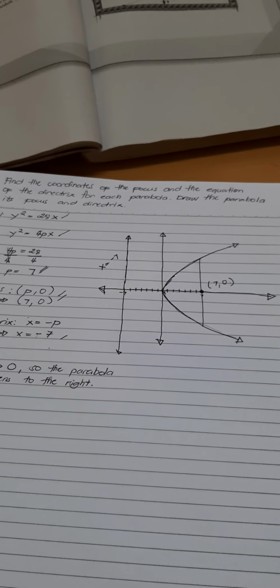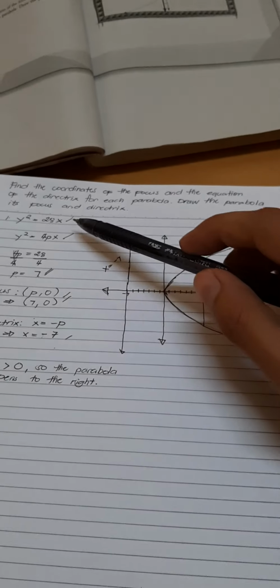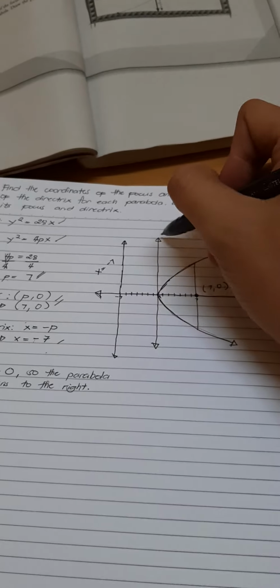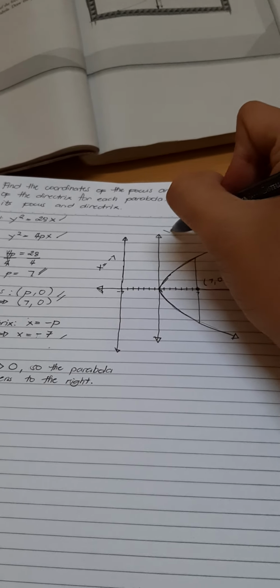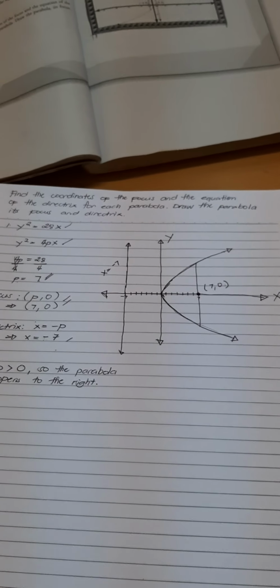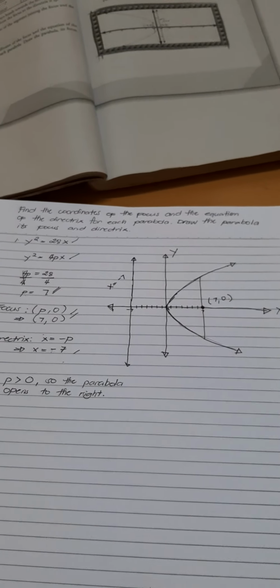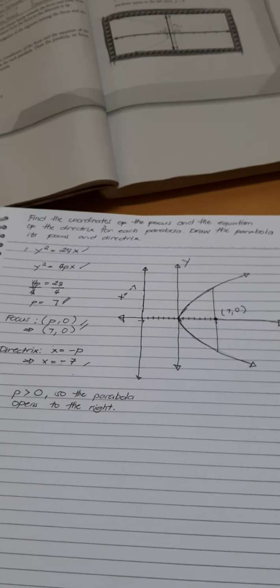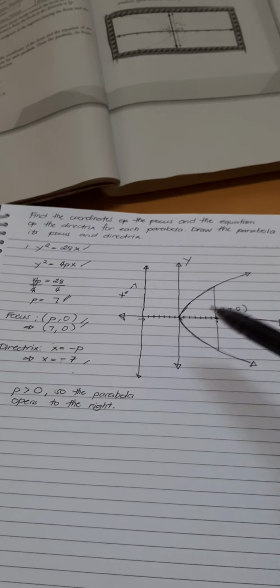Okay, so we now have the graph of this example number 1. We have here the y-axis, and this is the x-axis. So how do we plot the graph? All you need to remember is that the vertex of this graph is located at the origin.